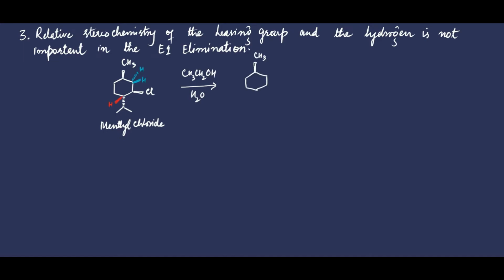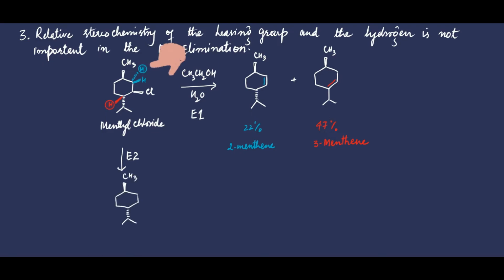Since E1 has a carbocation intermediate, any of these cyan or red hydrogens can be abstracted by base to form the alkene products. However, as we have seen in the lecture on E2 elimination, E2 reactions are stereospecific, so the same substrate under E2 conditions will give this product only, because only the cyan hydrogen trans to chlorine will be abstracted by base to form the double bond.